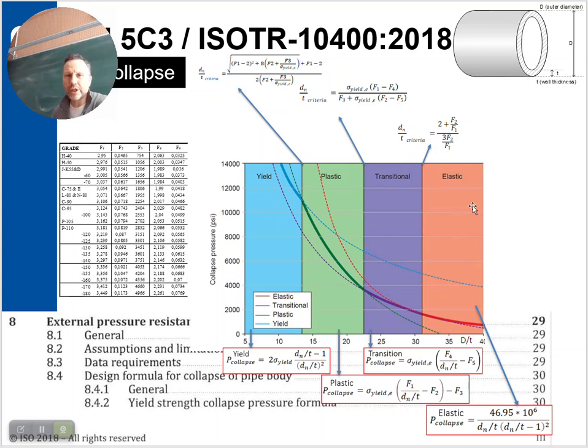So first you find these constants, F1 through F5, you plug them in here and you find your border. And then you need to know, what DT ratio do I have? You compare it to the limits between these modes, and then you pick your correct collapse mode to calculate.